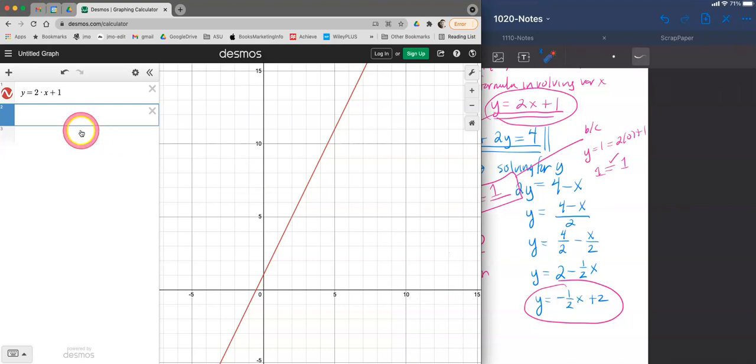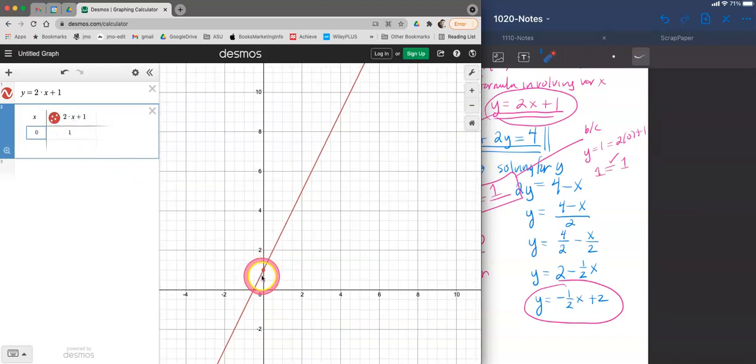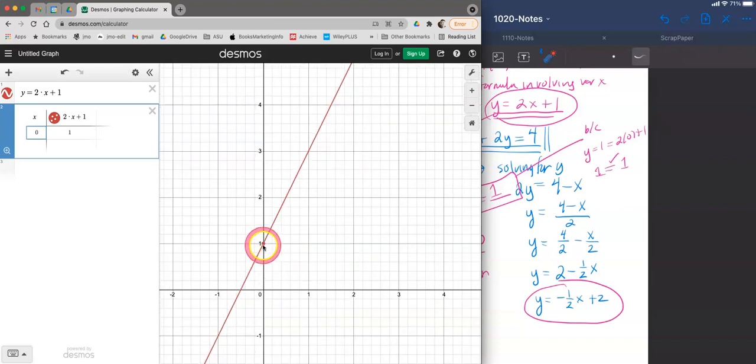It means that if you put in x and then the formula 2 times x plus 1 as a y value, then when you put in 0, you get 1 for that y value, and the solution shows up there as a dot on the formula, on the equation of the line itself.